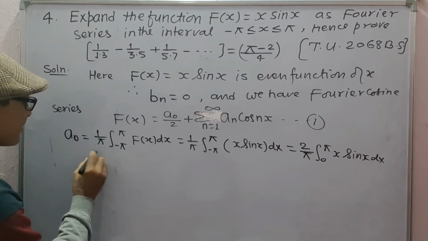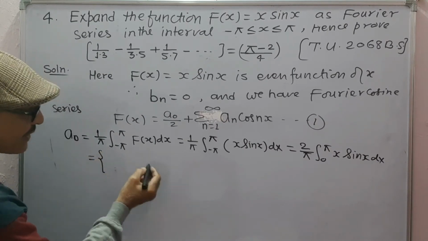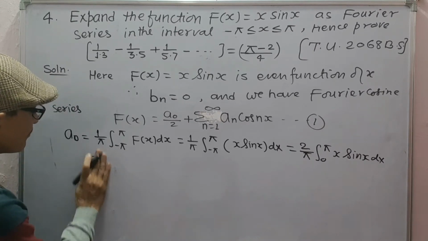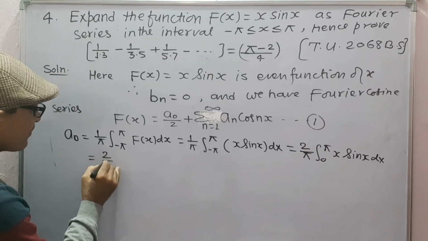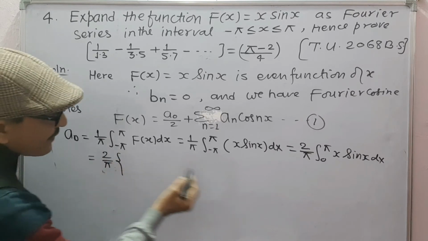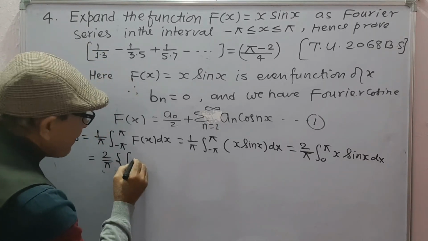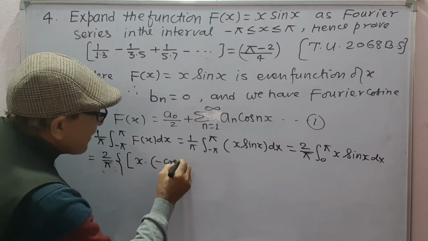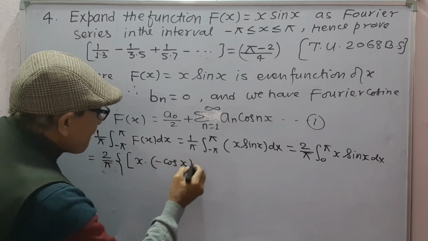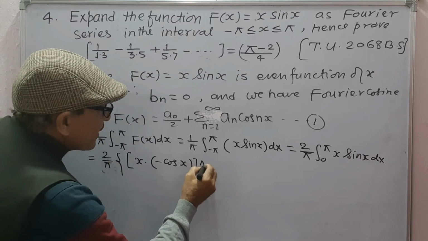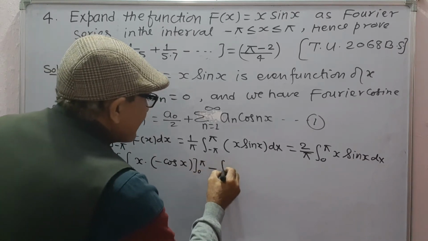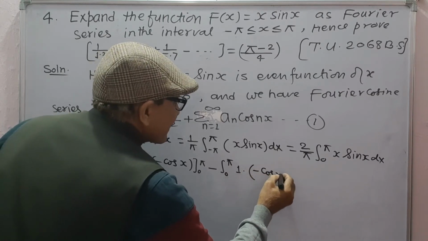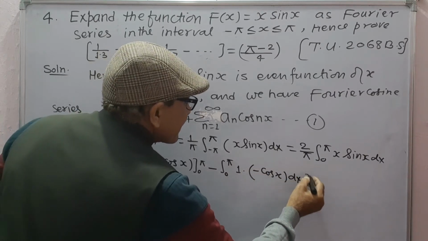This can be integrated by parts as 2 upon pi, x into minus cos x from 0 to pi, minus integral of 1 into minus cos x dx.